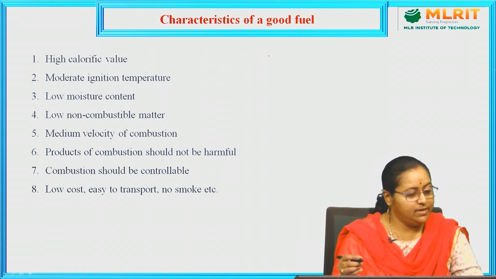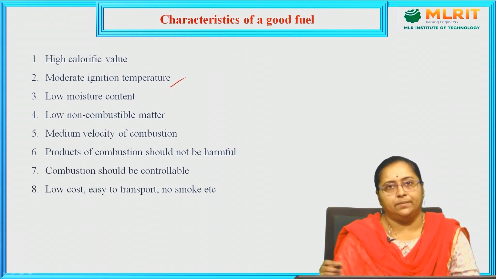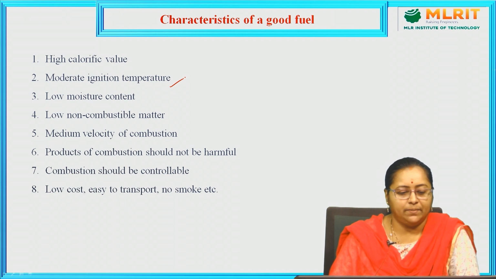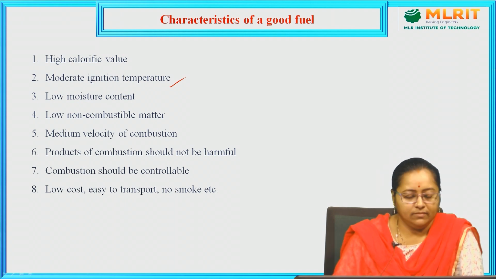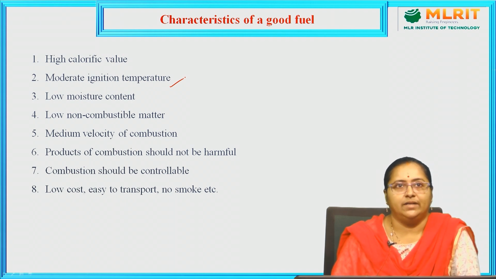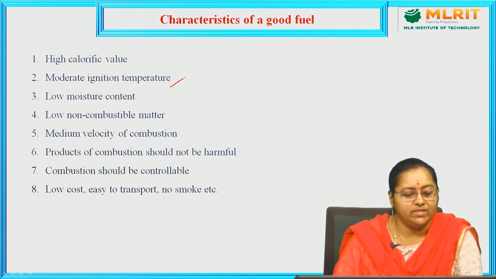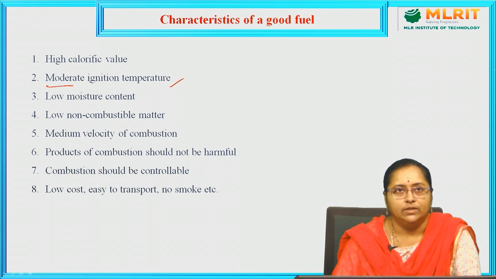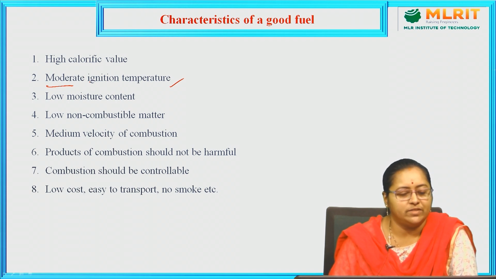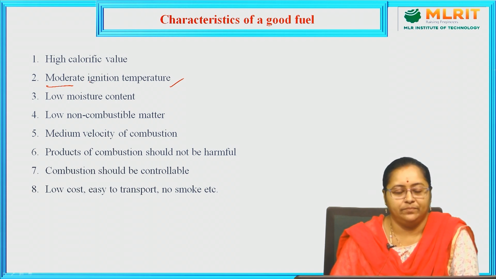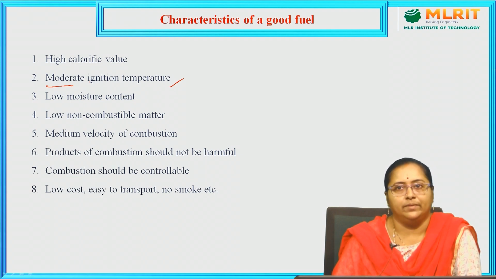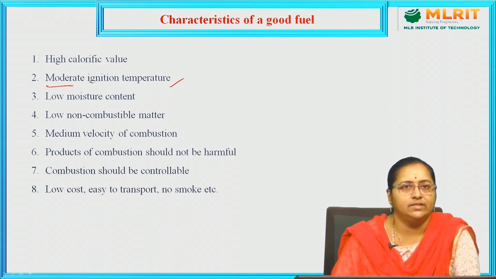The second one is moderate ignition temperature. What do you mean by ignition temperature? Ignition temperature means the starting fire process. It should always be moderate in nature, that is, not very high and not very low. If the starting fire temperature is very high, combustion takes place with a long flame, and we become unable to capture the heat energy liberated.